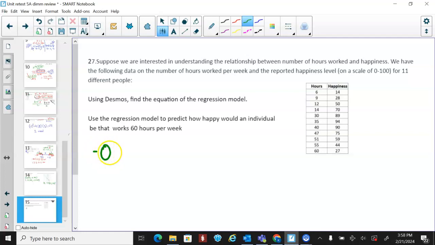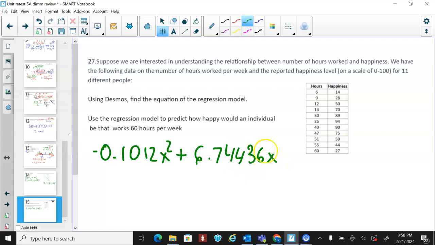So your a was negative 0.1012x squared, plus your b was 6.744366x, and then your c was negative 18.2536. Okay, so that is your equation for the quadratic regression.